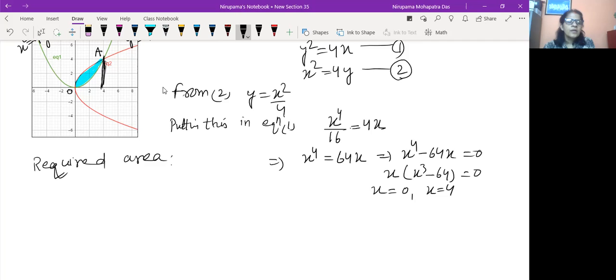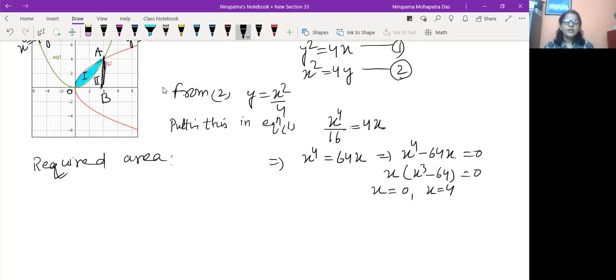I may write area 1 and 2. We need area of 1. Region 1 plus 2 is basically the whole area OAB, that is bounded by y square equal to 4x.